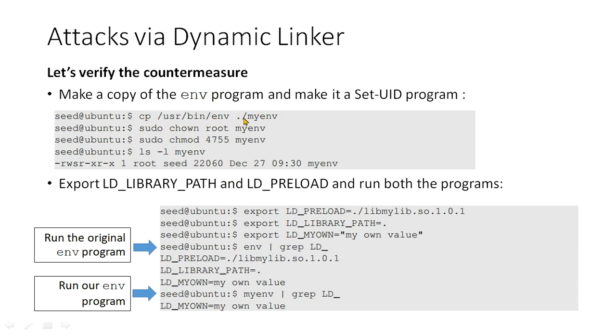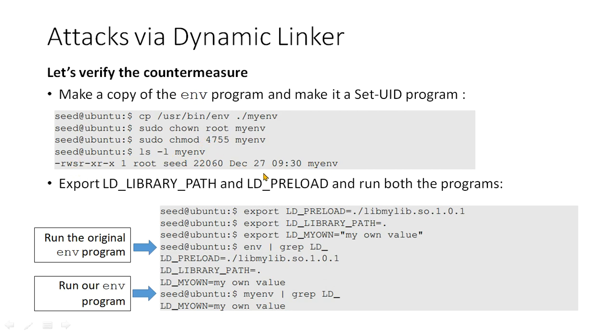So we make a copy into myenv. Myenv is now owned by Seed. We make this program a root set UID program. We change it to be owned by the root user, and turn on the set UID bit. You see now myenv has the set UID bit turned on.